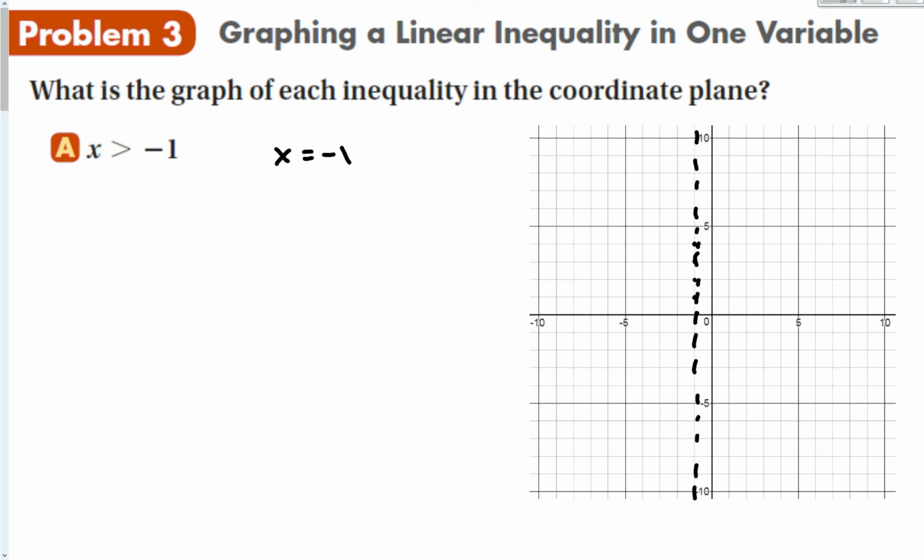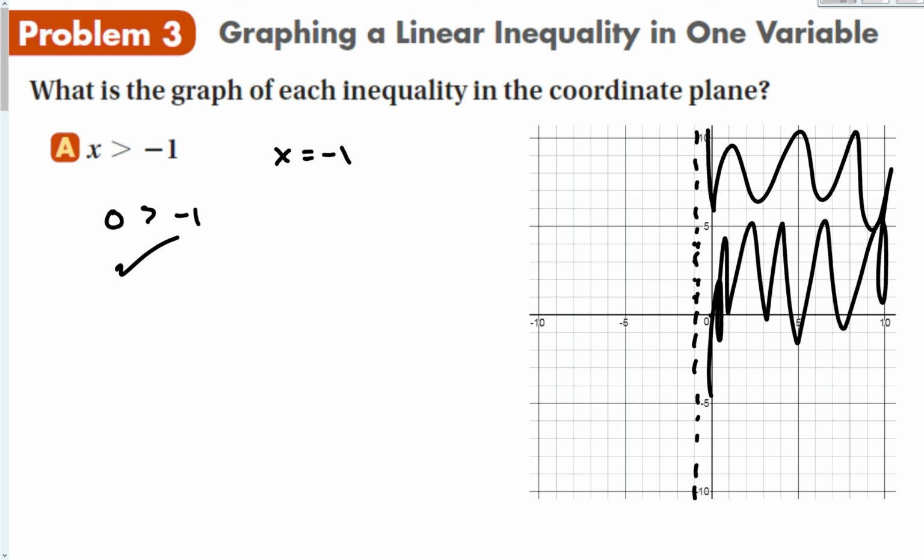And then I have to ask myself, which side do I shade? Well, I could always plug in 0 for x, which is right there. Okay, is 0 greater than -1? Yes, so I'm going to shade to the right.